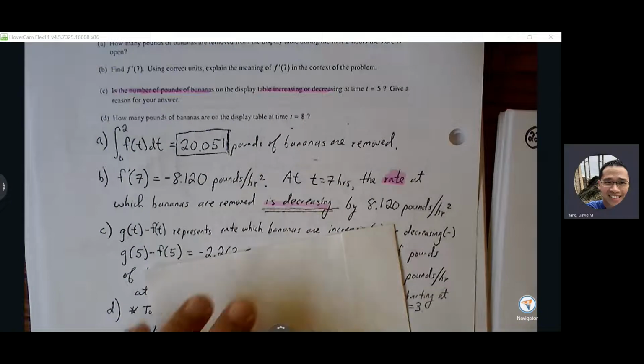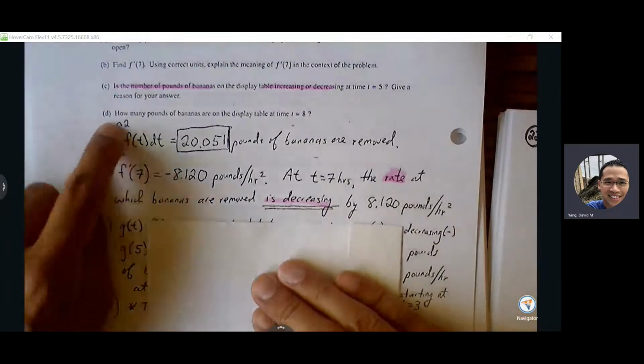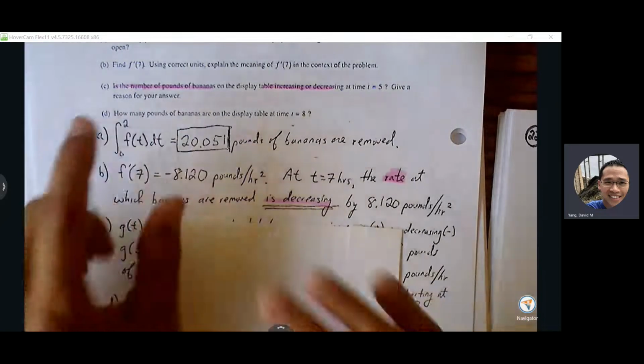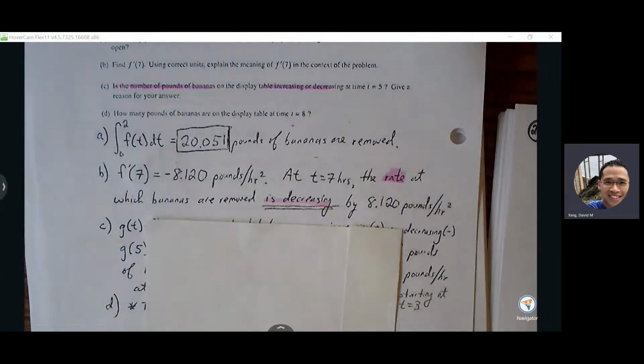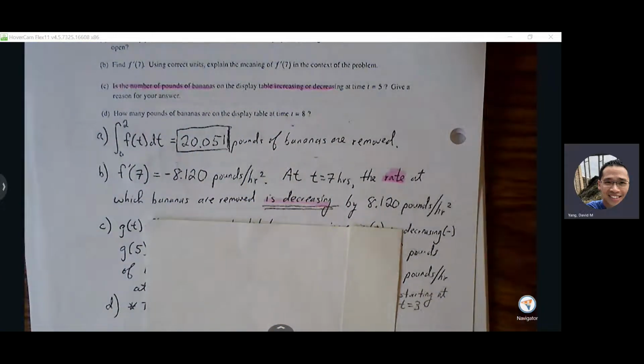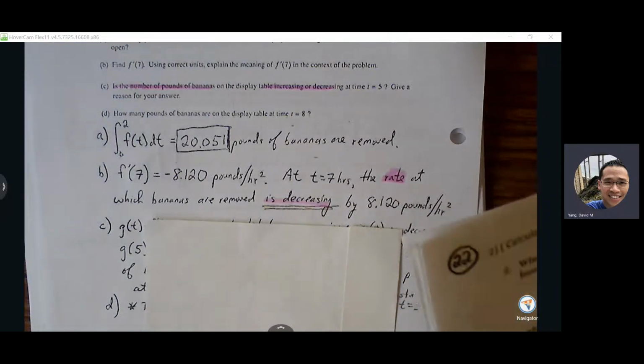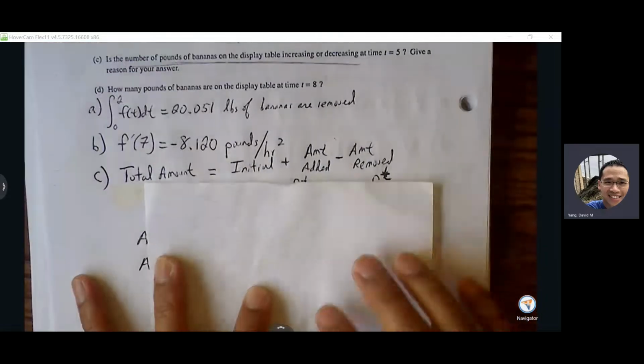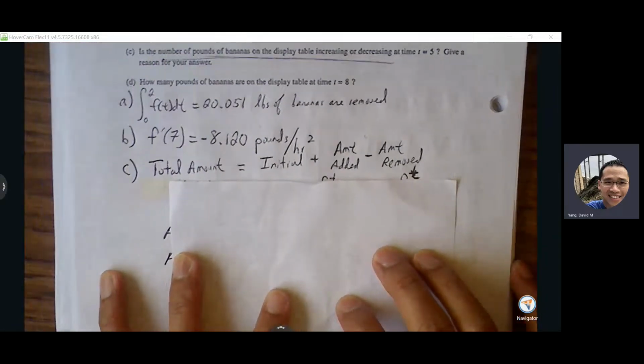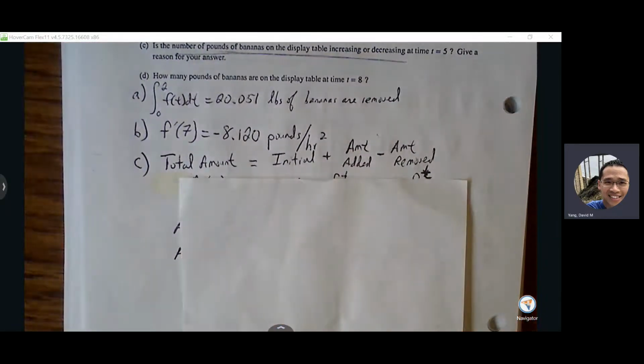So even though this may feel like we're getting to part D, which is how many pounds of bananas there are, I find it easier to build the equation and then find the derivative. So this equation shows up again and again on these rate in, rate out problems. And it's this formula here, that total amount that we're looking for is going to be some starting amount plus whatever amount has been added minus how much is removed.